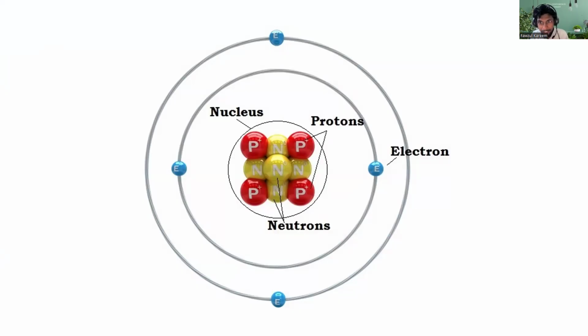Am I right or not? At the center, we have the plus charge, and we have the negative charge. They want to be attracted, but it didn't happen. Why? What is the reason? Can anyone say? Any guesses? Why didn't this happen?